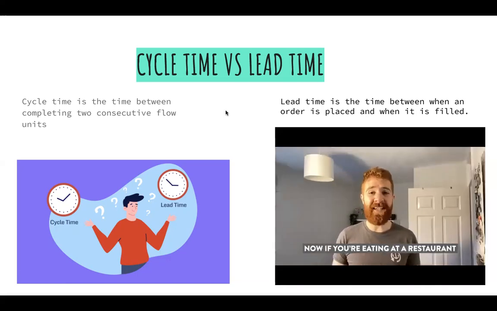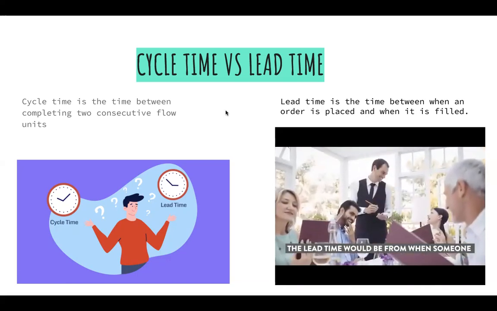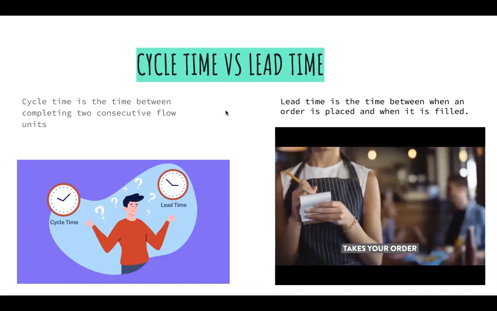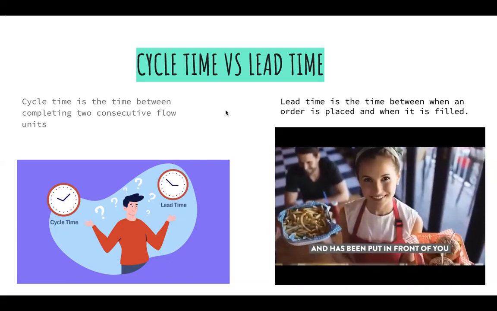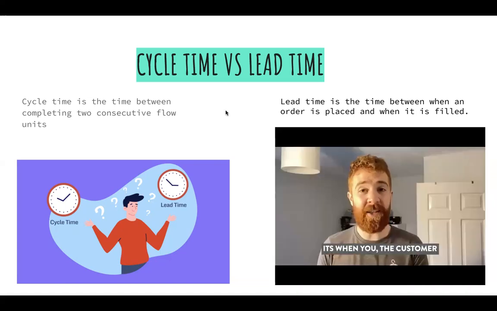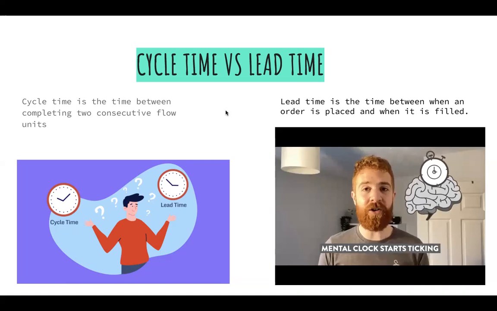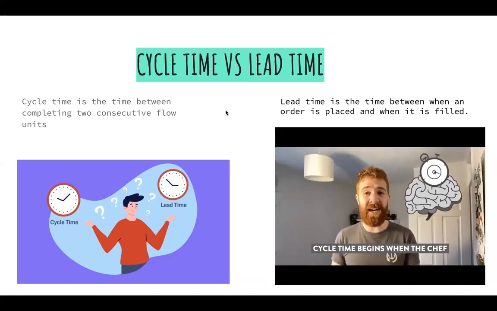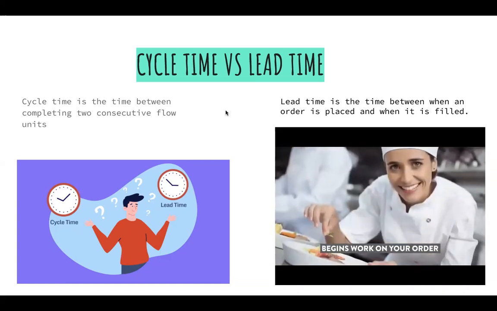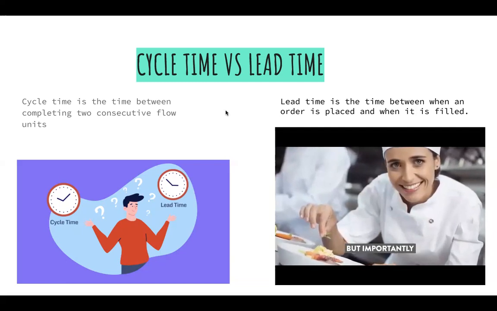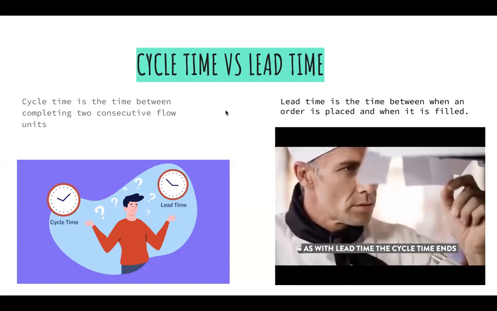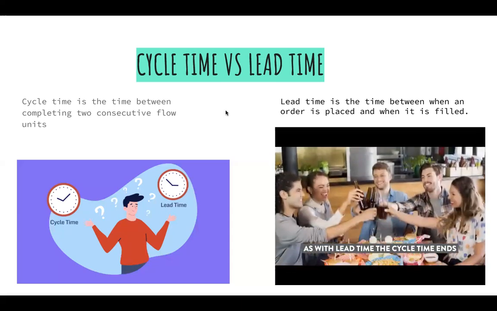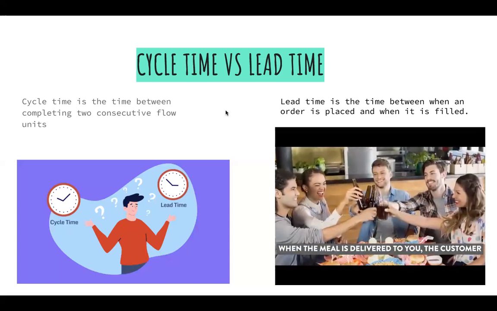Now, if you're eating at a restaurant, the lead time would be from when someone takes your order to when the food arrives at your table and has been put in front of you. It's when you, the customer, order something and your mental clock starts ticking. Cycle time begins when the chef begins work on your order, but importantly, not when the order reaches the kitchen. As with lead time, the cycle time ends when the meal is delivered to you, the customer.